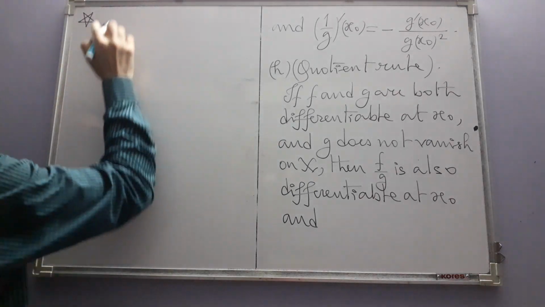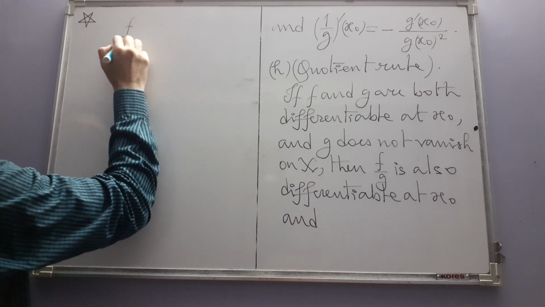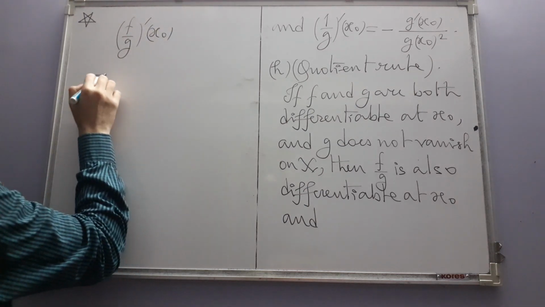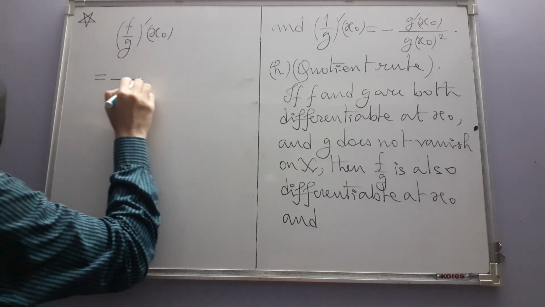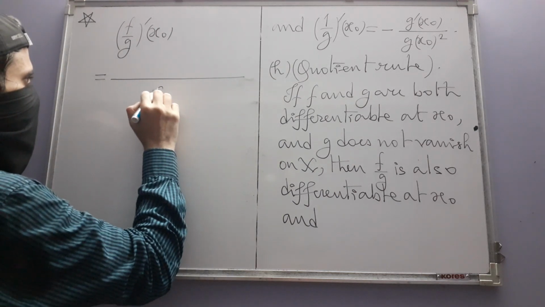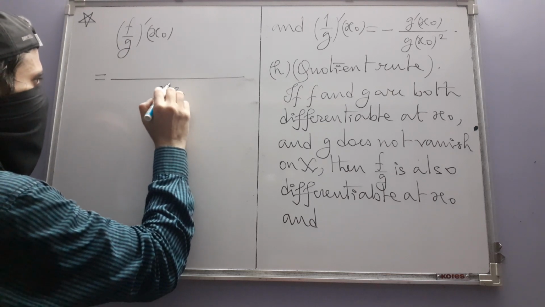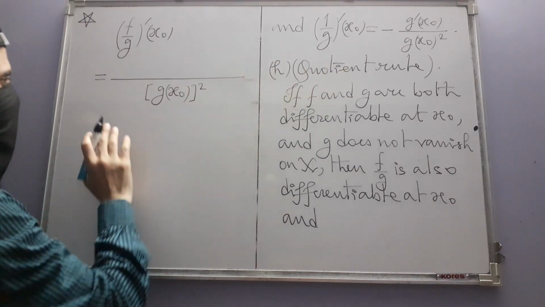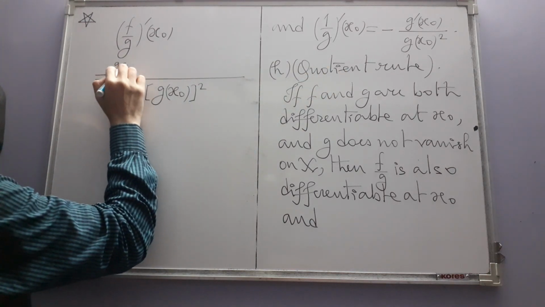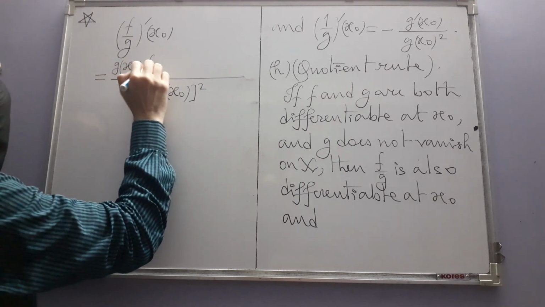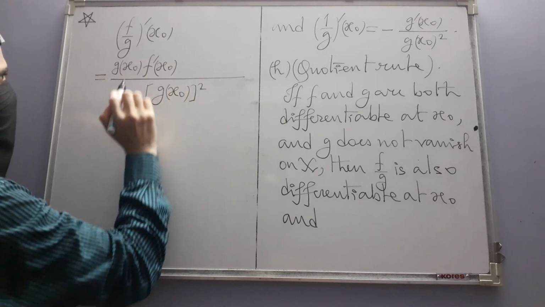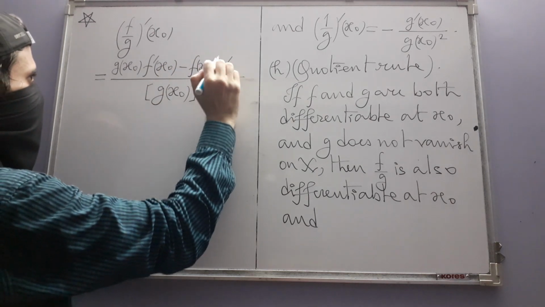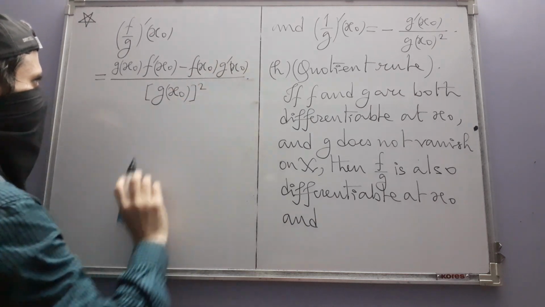So the formula for the derivative of f over g at x naught is this. In the denominator you have the square of this, like what you have there, and then in the numerator you have g of x naught times the derivative of f at x naught minus f of x naught times the derivative of g at x naught.